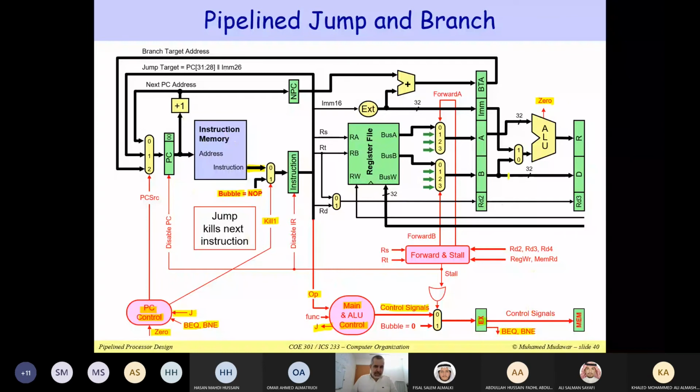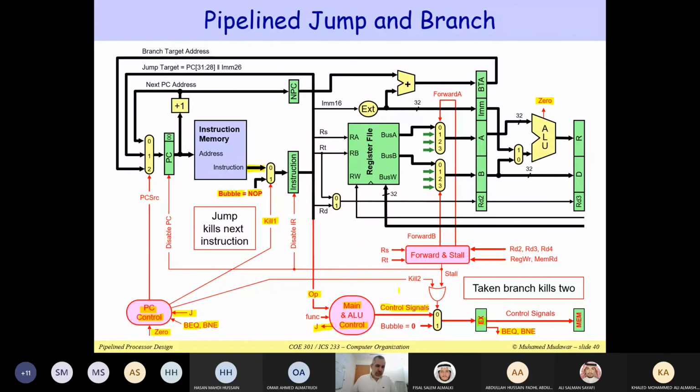So by the time we have the branch in the third stage of the pipeline, the next one is in the second stage and the next two is being fetched. So we have two instructions that we need to kill. In addition to kill one, I need to have kill two.